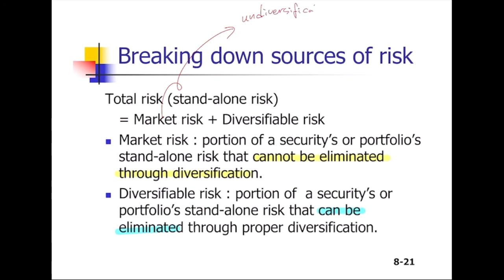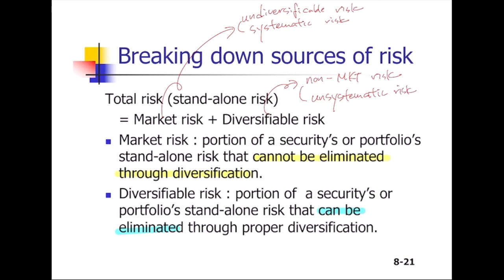So we can summarize this: the market risk, we also call systematic risk. In Korean, 체계적 위험. And diversifiable risk, we can say non-market risk, and we can say unsystematic risk.